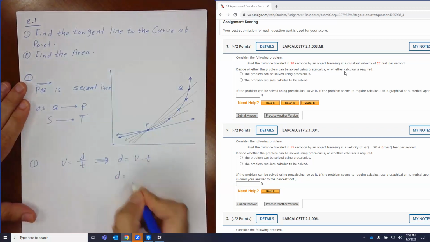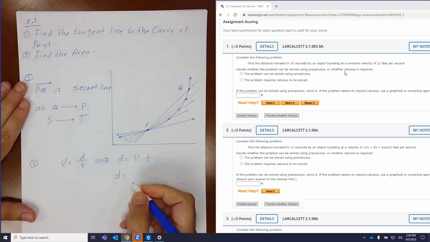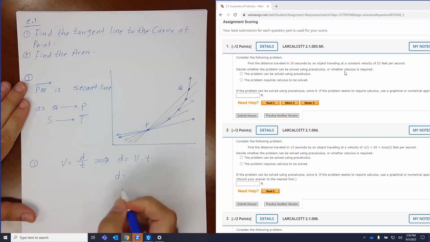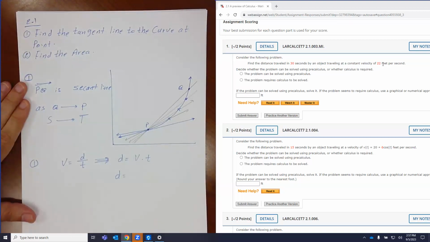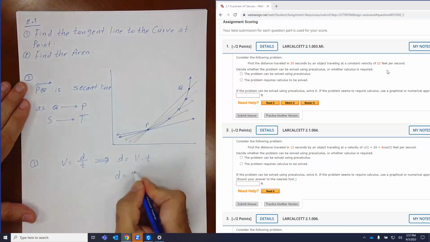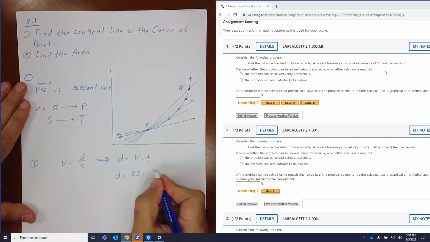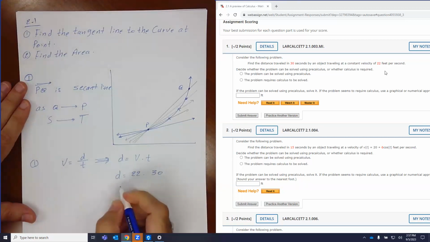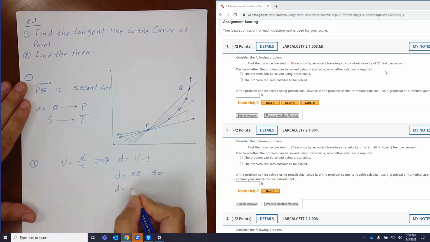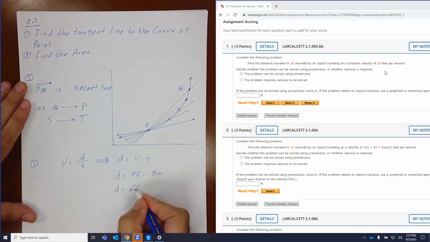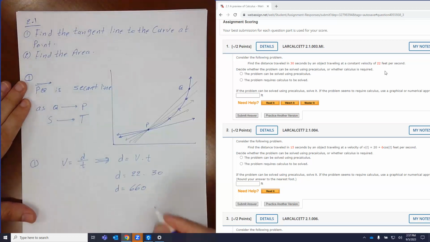To find the distance, our velocity is 22 feet per second, so it's going to be 22 times our time, which is 30 seconds. So that means the distance is going to be 3 times 22, which is 66, and here is the 0. That means our distance is going to be 660 feet.